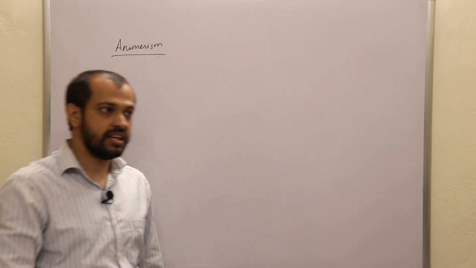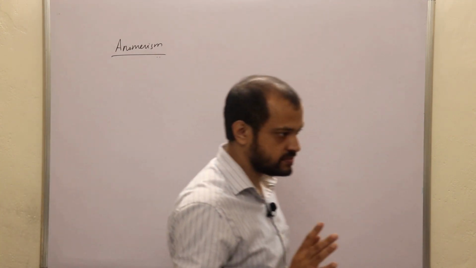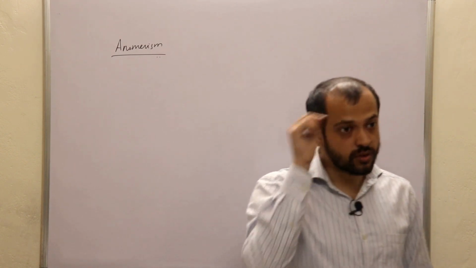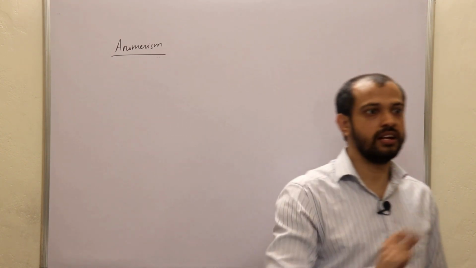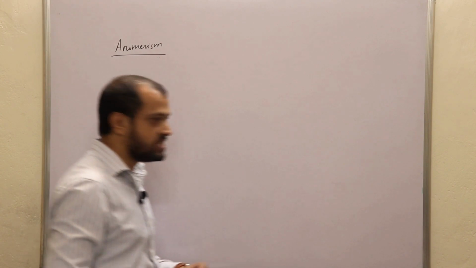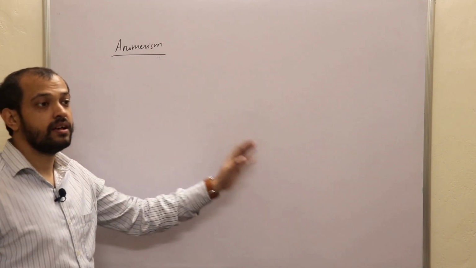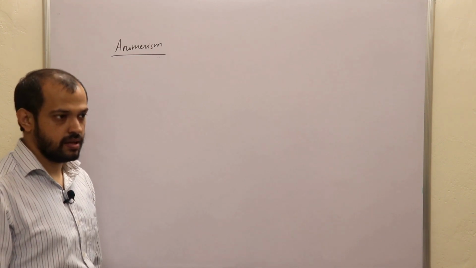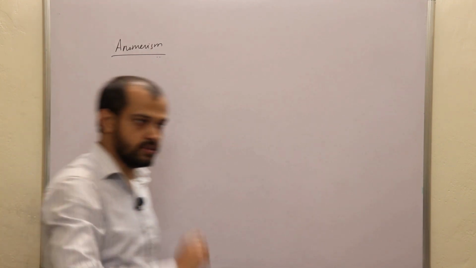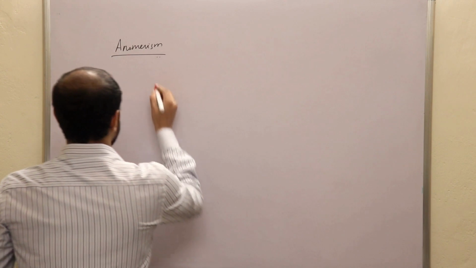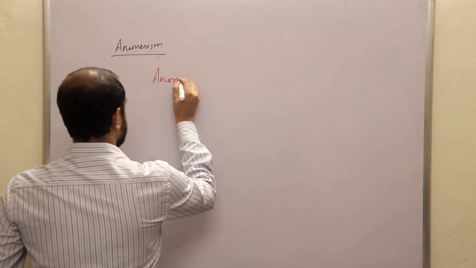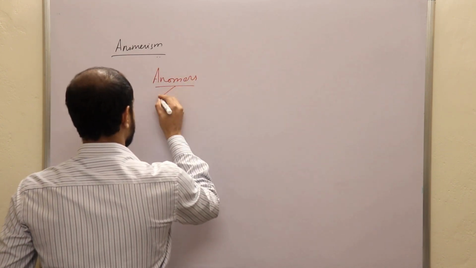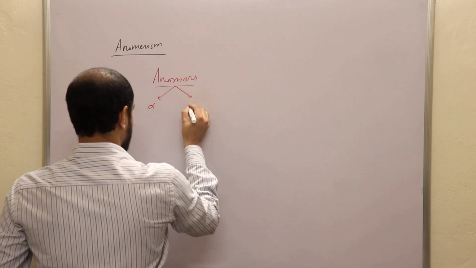When there is cyclization of glucose, only then do we get anomerization. That means whenever the Fischer projection is converted into the Haworth projection formula, only then you will get anomers. There are basically two types of anomers: alpha anomer and beta anomer.